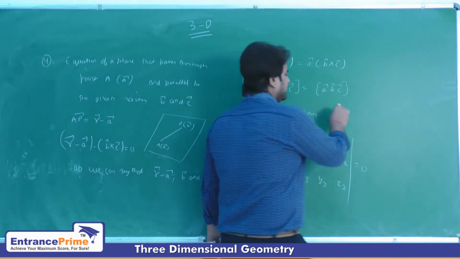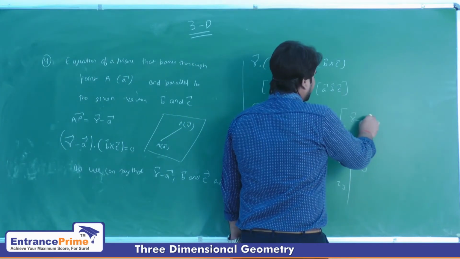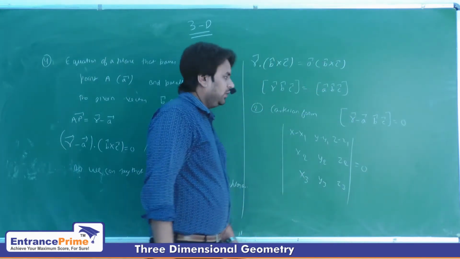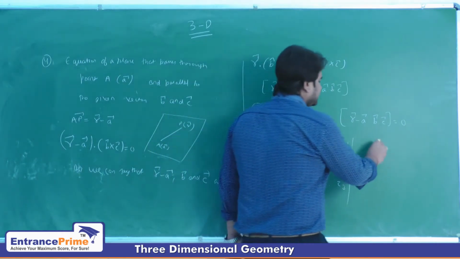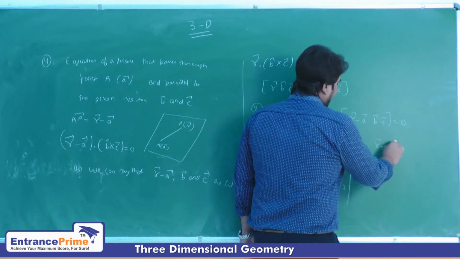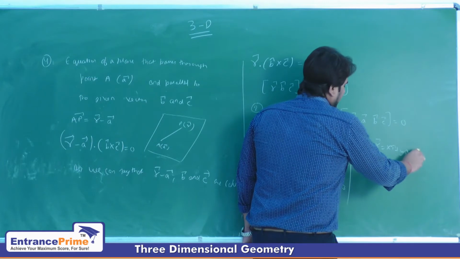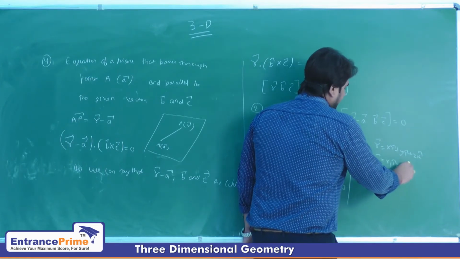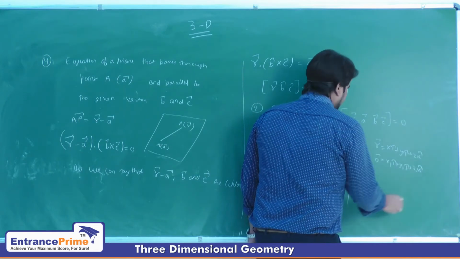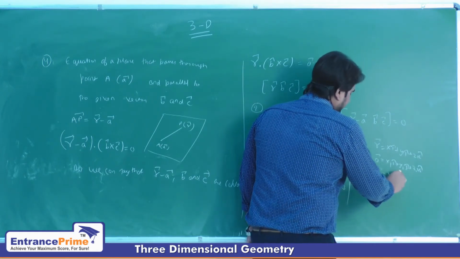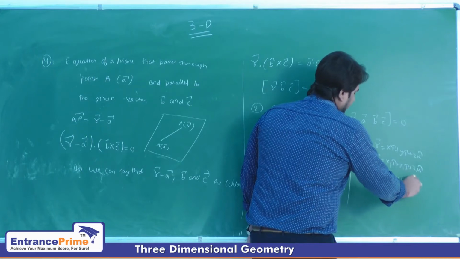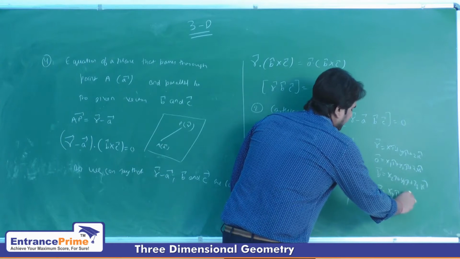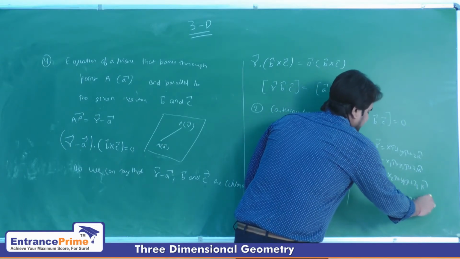If they are coplanar, means box product of R vector minus A vector, B vector and C vector will be equal to 0. So R vector minus A vector, where R is equal to xi cap plus yj cap plus zk cap. Your A vector is x1 i cap plus y1 j cap plus z1 k cap. Similarly, your B vector is x2 i cap plus y2 j cap plus z2 k cap, and C vector is your x3 i cap plus y3 j cap plus z3 k cap.